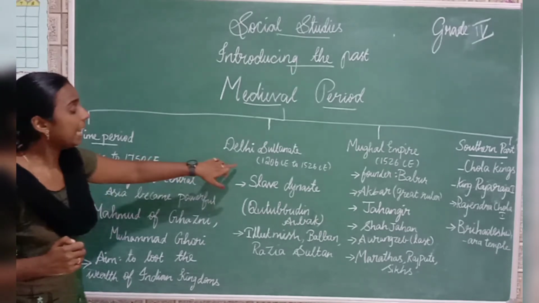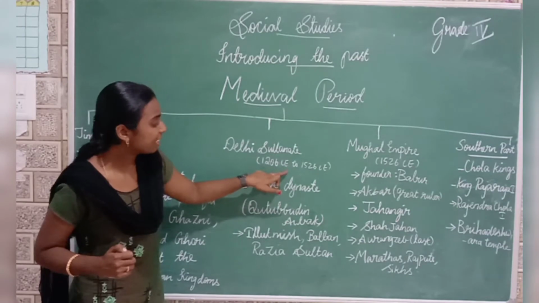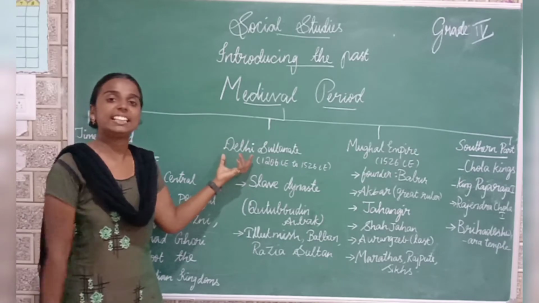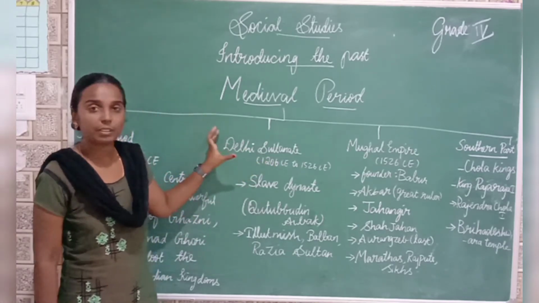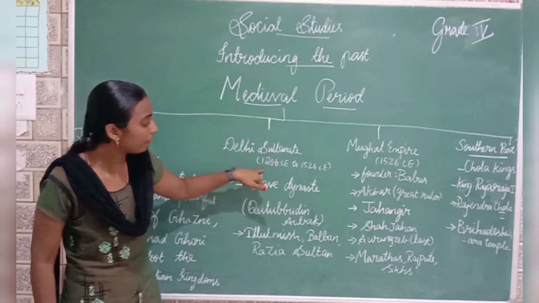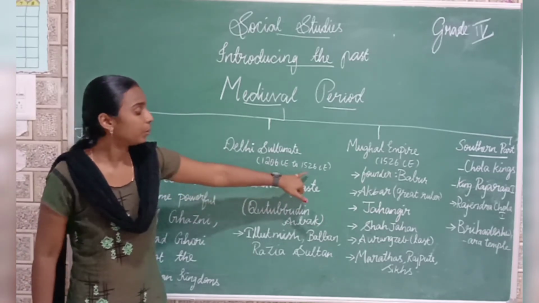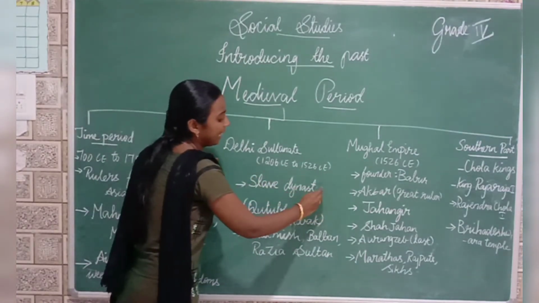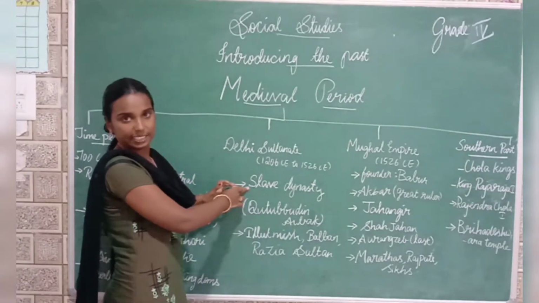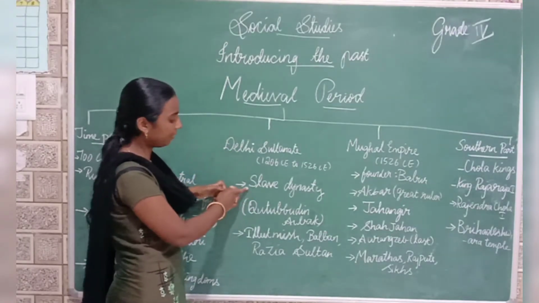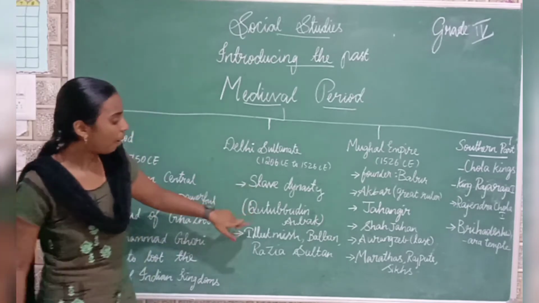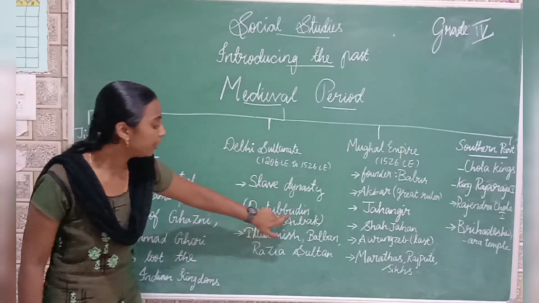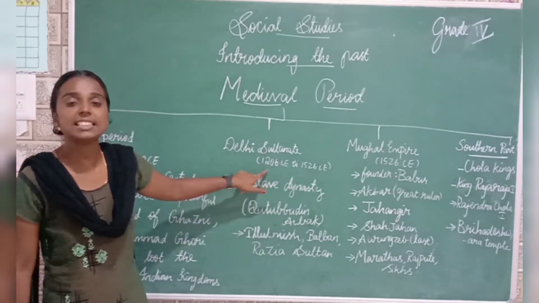And the period from 1206 Common Era to 1526 Common Era belongs to the Delhi Sultanate. So the Delhi Sultanate ruled over India during this period. During the Delhi Sultanate period we had the Slave dynasty, formed by Qutbuddin Aibak in 1206 Common Era.